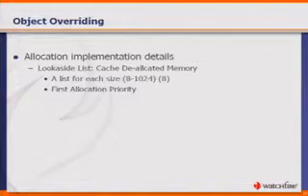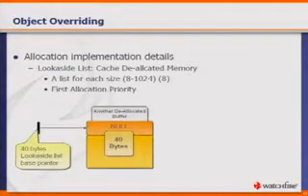And so this is the first allocation priority. When the application wants to allocate another object of the same size, the first place it will look is the look-aside list. So let's see an example and make you understand a bit complicated thing called a look-aside list.